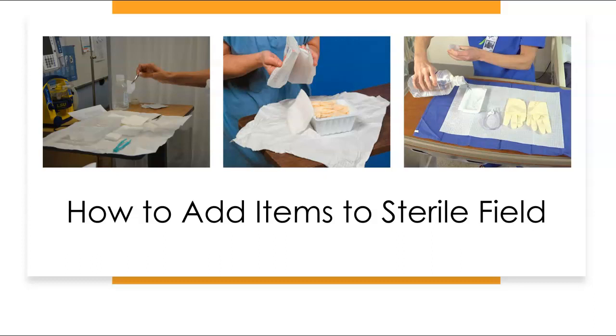So some important things to know about any sterile solution or sterile water that you're using for a procedure. When you first remove it out of the supply Pyxis, you want to make sure that it's not expired, of course, and then you want to make sure there's no damage to the bottle that could cause it to be contaminated. So whenever you first get it out, you need to write on there when it was opened.